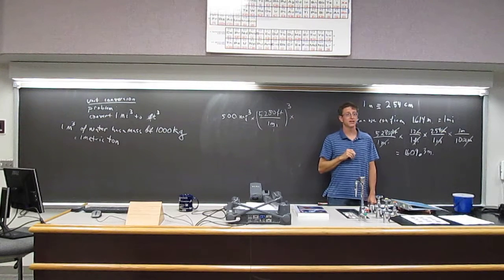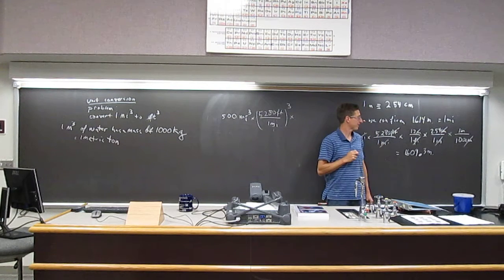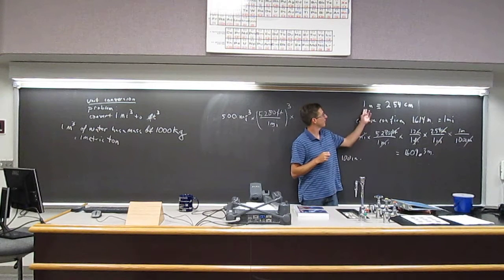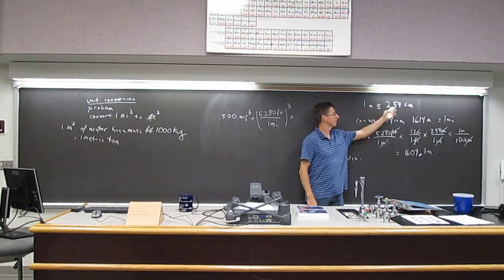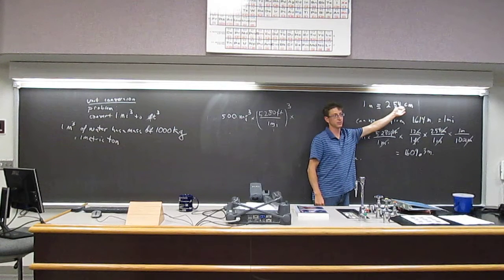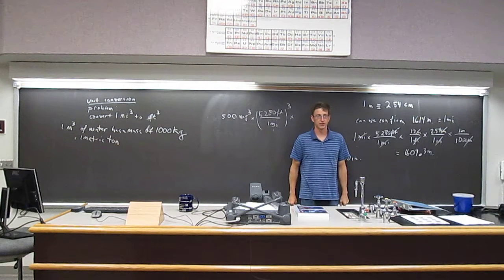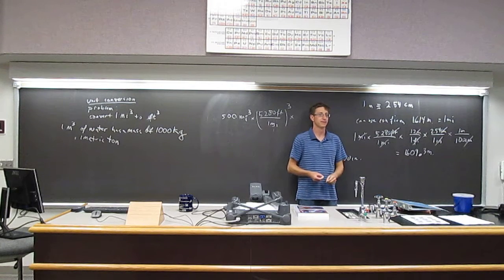So this would be in cubic feet. Remember, the length we're looking for between metric and English units is the inch to the centimeter. So you'd have to go down to cubic inches, then cubic centimeters, then back up to cubic meters.